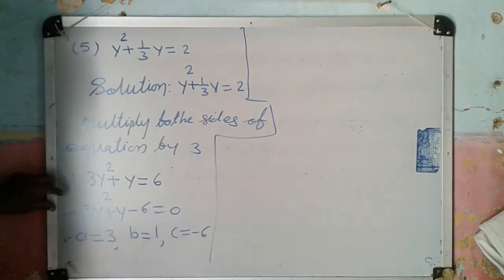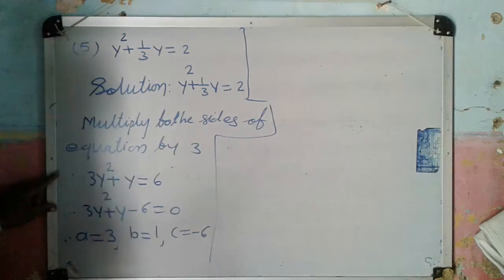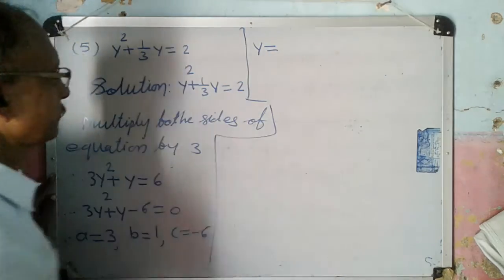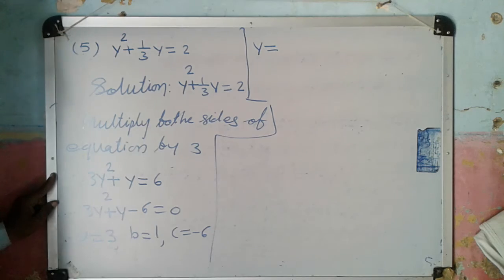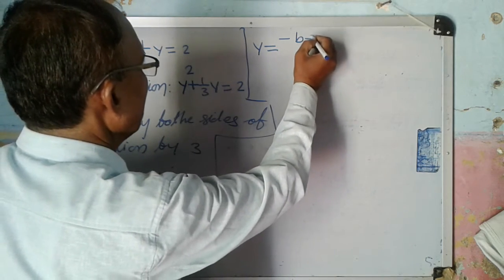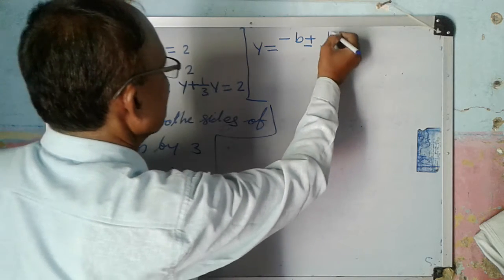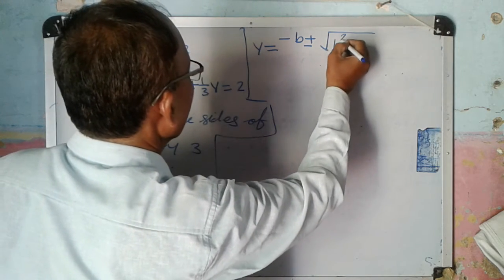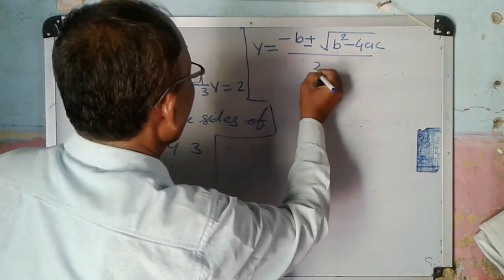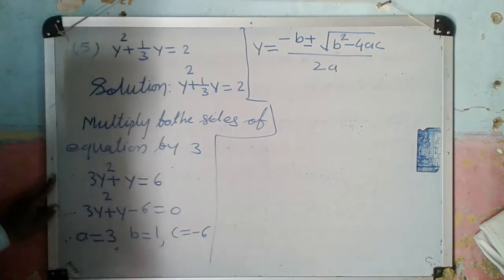So here variable is y. So here in the formula you take y is equal to minus b plus or minus under root b square minus 4ac upon 2a.